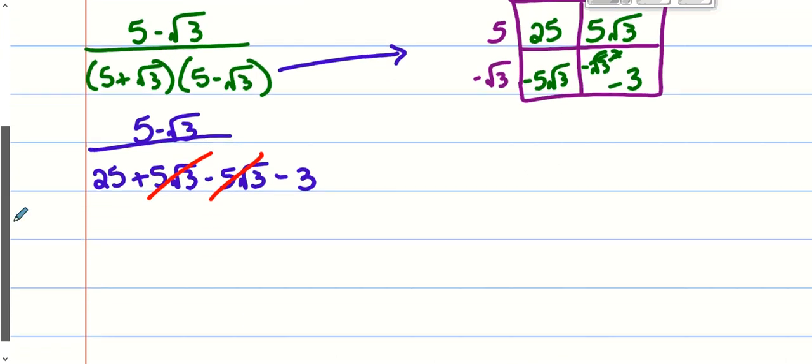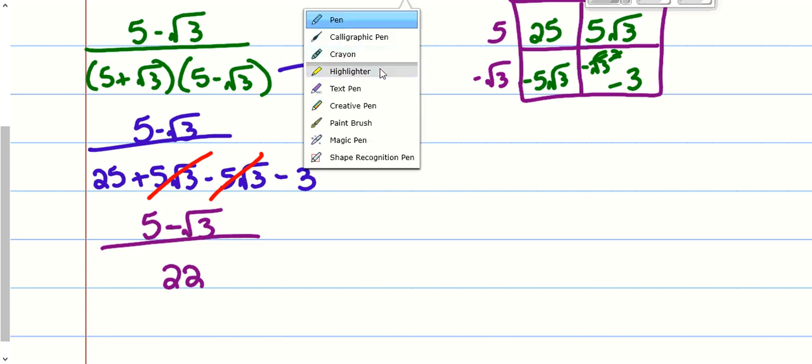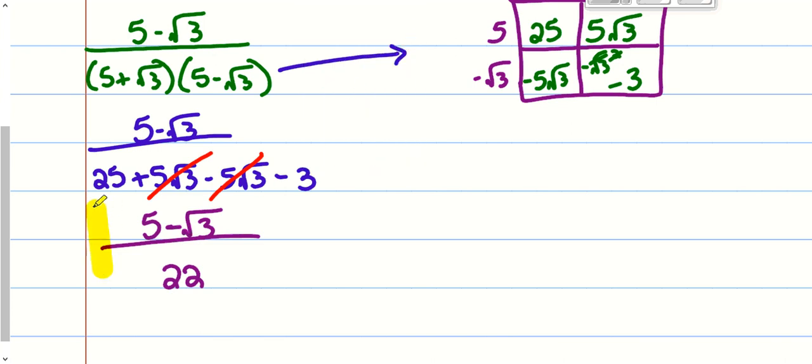And you're left with 25 minus 3. So now on the top, I have 5 minus the square root of 3 over 25 minus 3 is 22. So you get 5 minus the square root of 3 over 22 as your whole answer there.